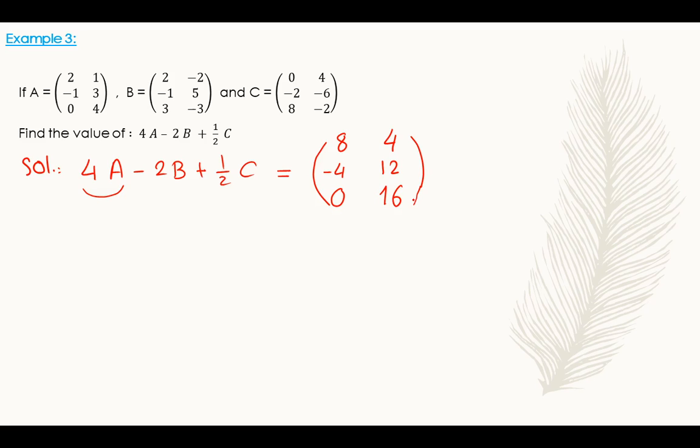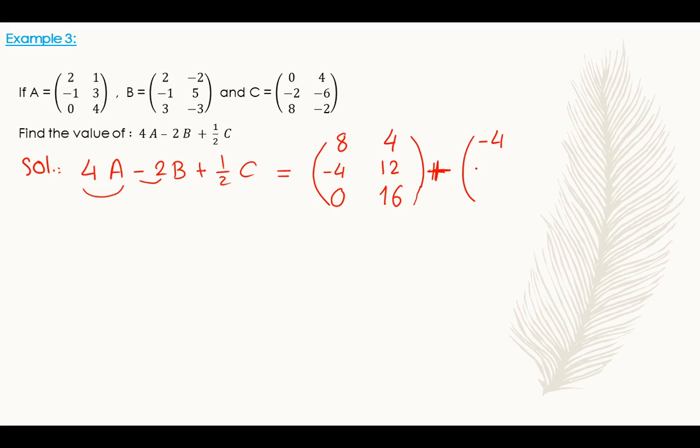Okay? Now minus 2B. Here we will multiply the matrix B by negative 2 and we will put a plus sign here, and we will multiply all the elements of the matrix B by negative 2. 2 times negative 2 is negative 4.